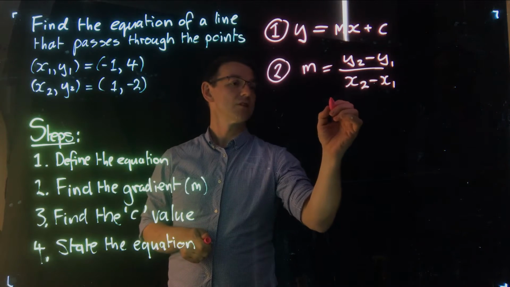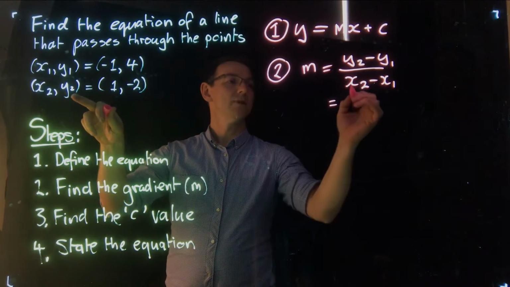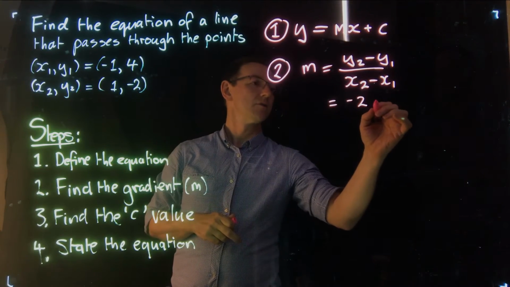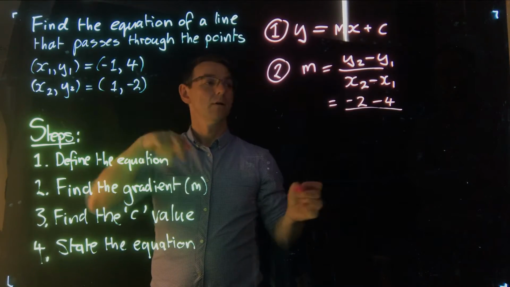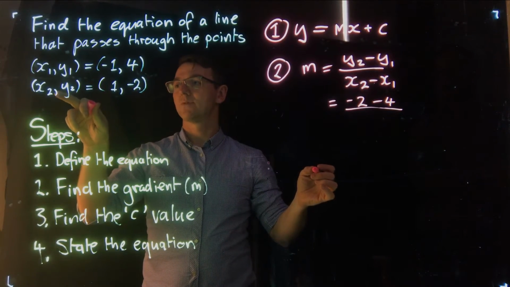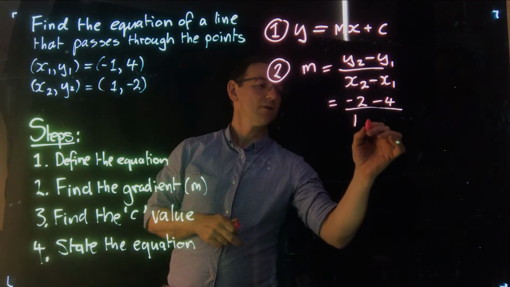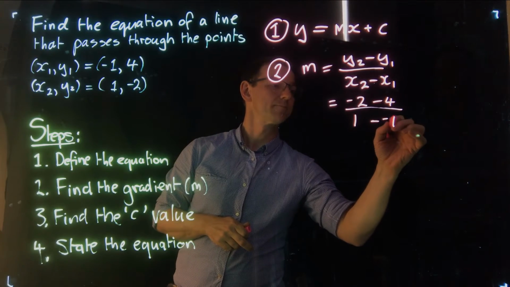So let's do that and see what it looks like. So y2 is -2, y1 is 4, over, looking at our x values, we've got our 1, and we're subtracting a -1.